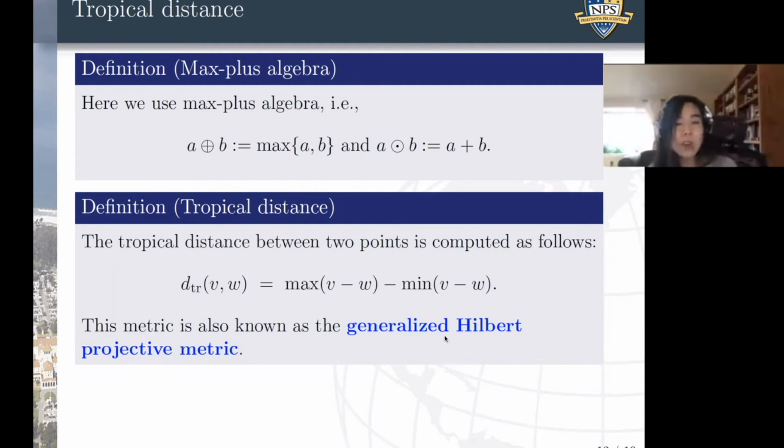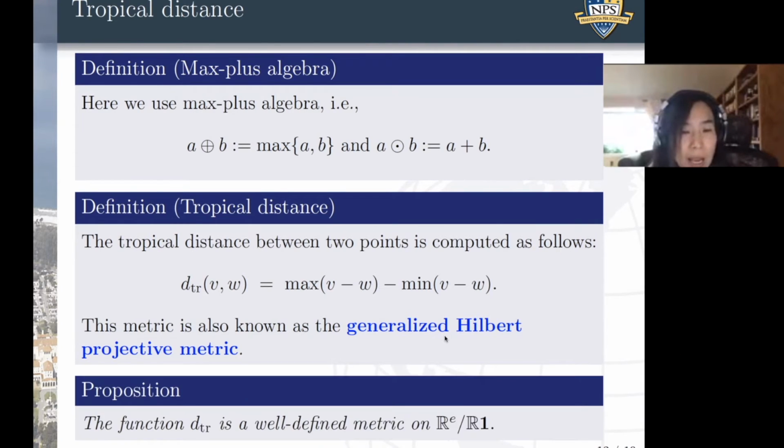Okay, so this is known as the generalized Hilbert projective metric. And this metric is a well-defined metric over what is called the tropical projective torus. The reason is that we have to mod out by (1, 1, 1, ..., 1), or constants.